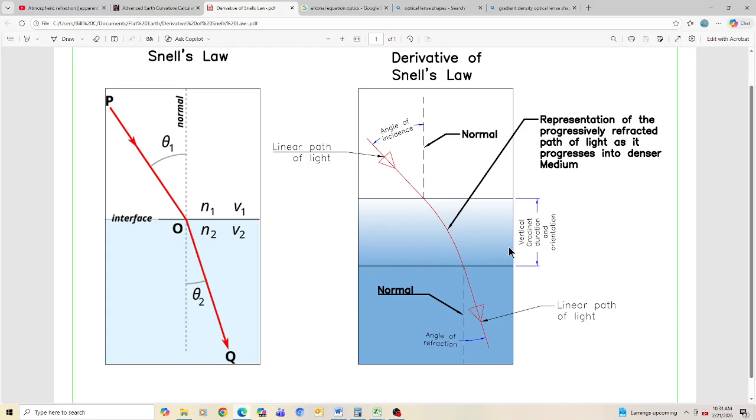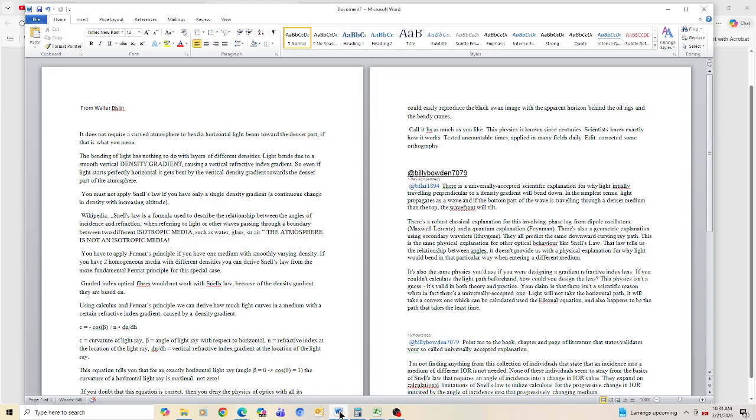The trending across the distance is an important thing to remember when I get to that point. So let's get back into the Word document. So yes, the bending of light has nothing to do with layers of different densities. Again, our atmosphere is described as layers. It's stacked in the vertical, and get over the whole layer aspect.